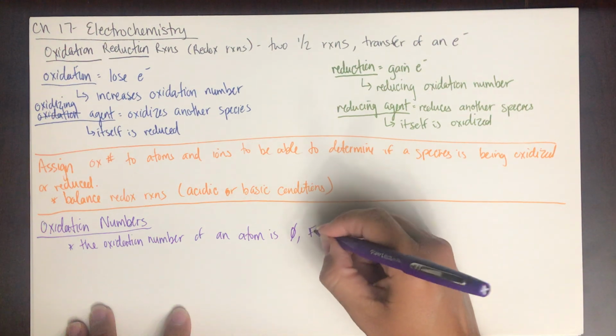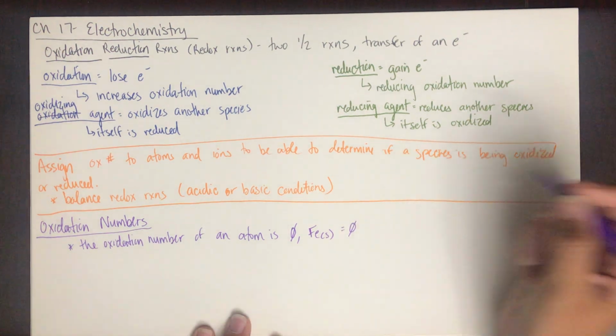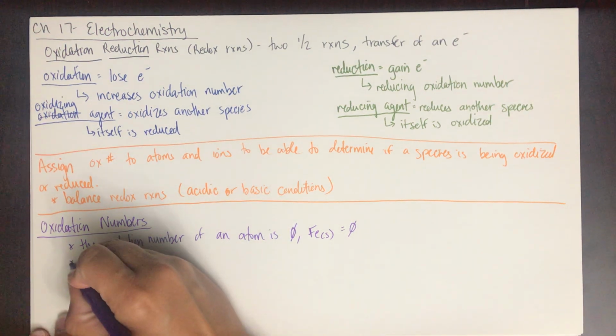So for example, solid iron, which is an atom, would have an oxidation number of 0. The oxidation number of a monatomic ion is the charge of that ion.